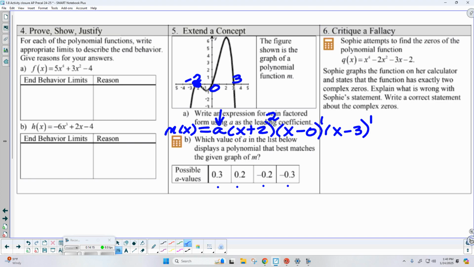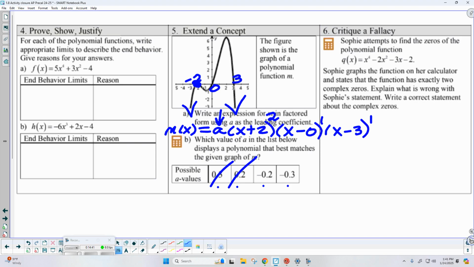We got a polynomial where both the left and the right side are going down. Okay. What kind of leading scale factor would give me that? It would have to be negative. Okay. So that means there's no possible way it could be positive. If it were both going up, then it would have to be one of the positives.